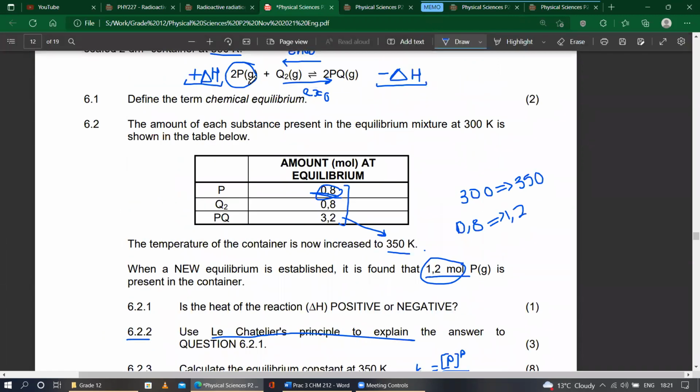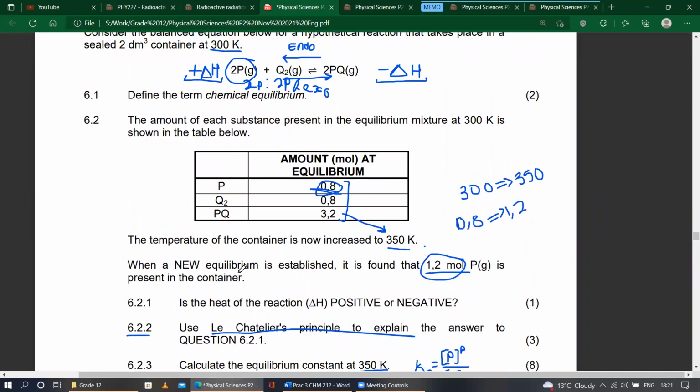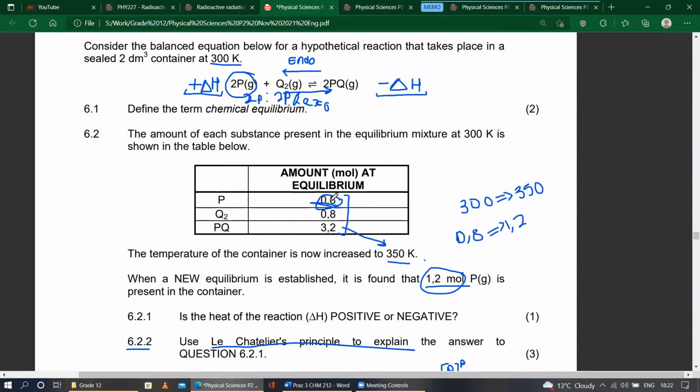Then using ratios, we know that 2P is to Q. So we know that also for Q2, right? Q2 is gonna increase by the same amount. No, Q2 is not gonna increase by the same amount. Q2 is gonna increase by half the amount that P is gonna increase by, because the ratio of P and Q is 2:1, right?